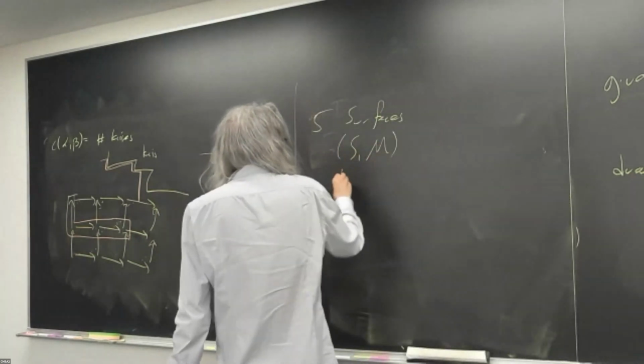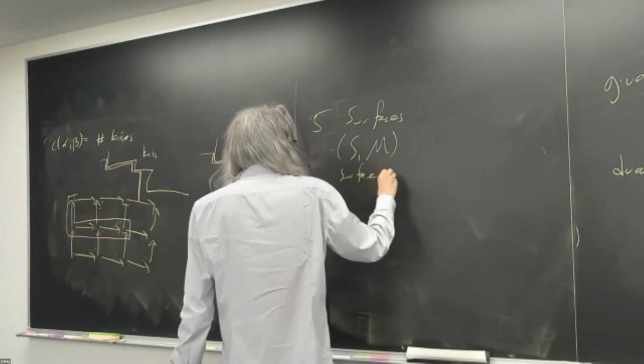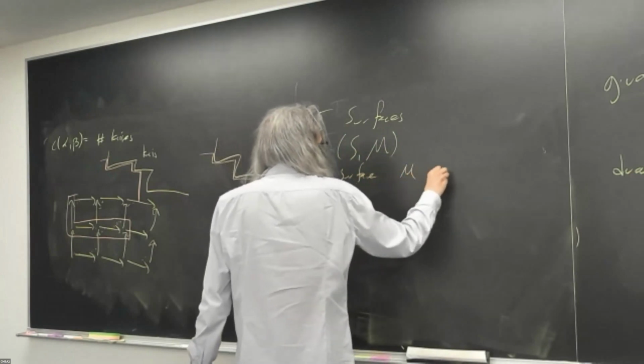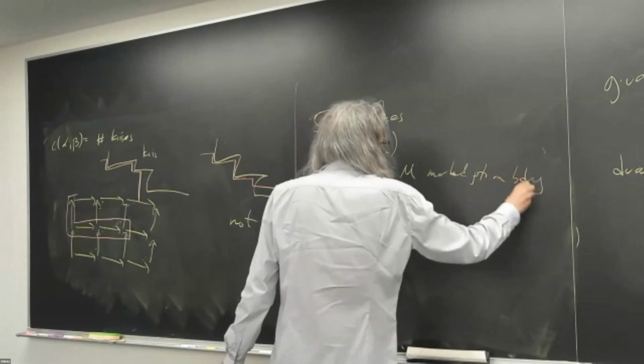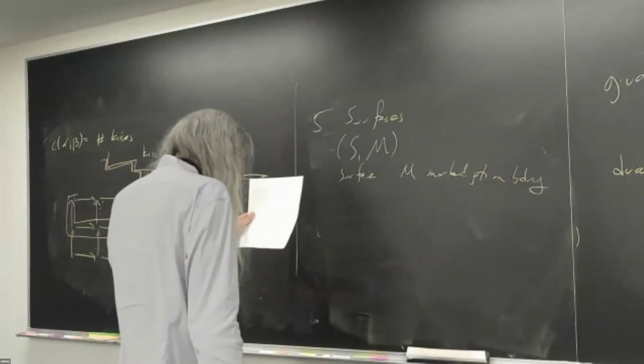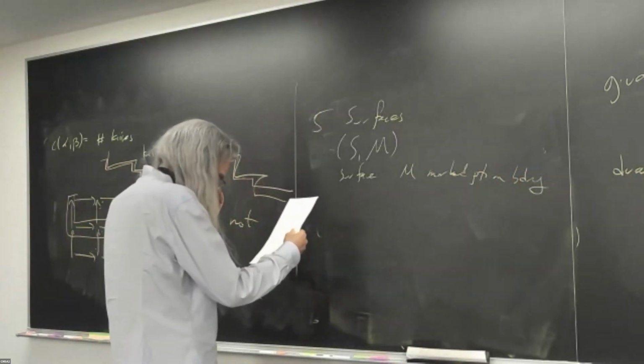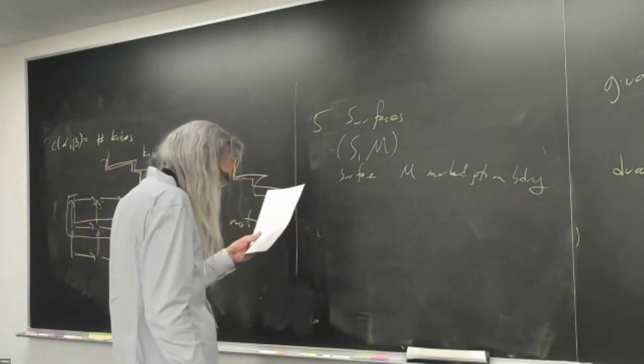So we have a surface, M set of marked points on the boundary. I'm going to be cautious and not allow marked points in the interior.